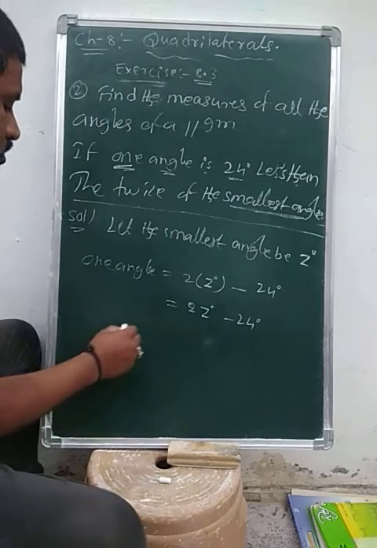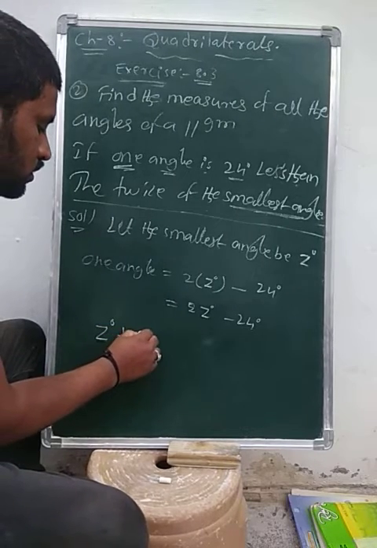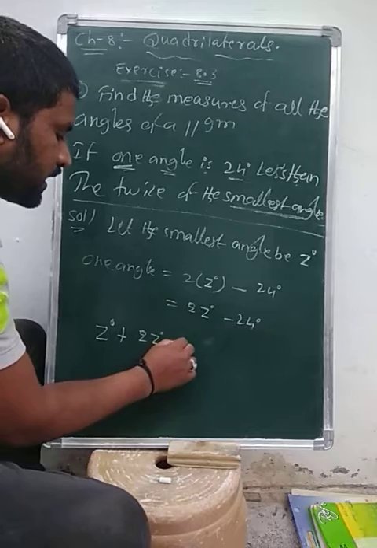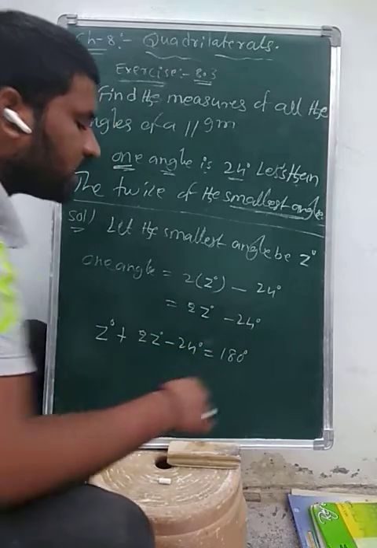Now by adding these two, z degrees plus 2z degrees minus 24 degrees equals 180 degrees.